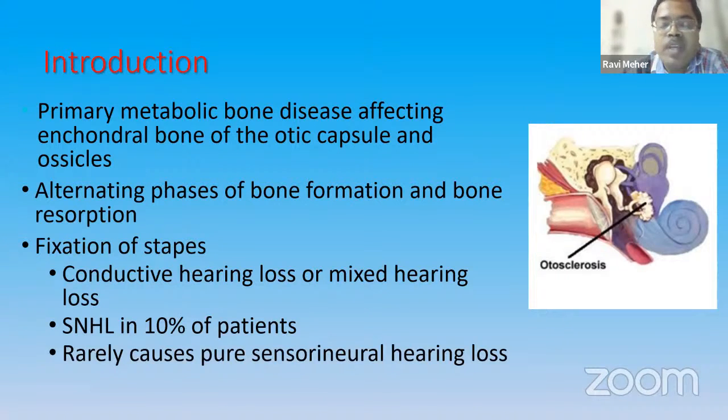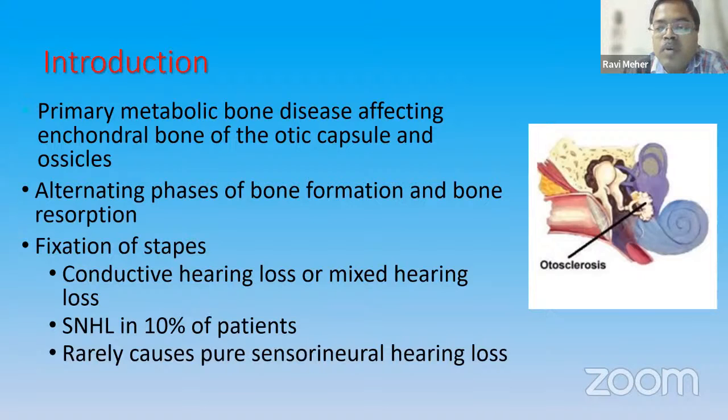There are alternating phases of bone resorption and formation, and it leads to change in the bone character from lamellar bone to spongy bone, which is more vascular. Later on, there is sclerosis. These are the bone changes seen in otosclerosis. It leads to fixation of the stapes footplate. When the stapes footplate becomes fixed, it leads to conductive hearing loss.